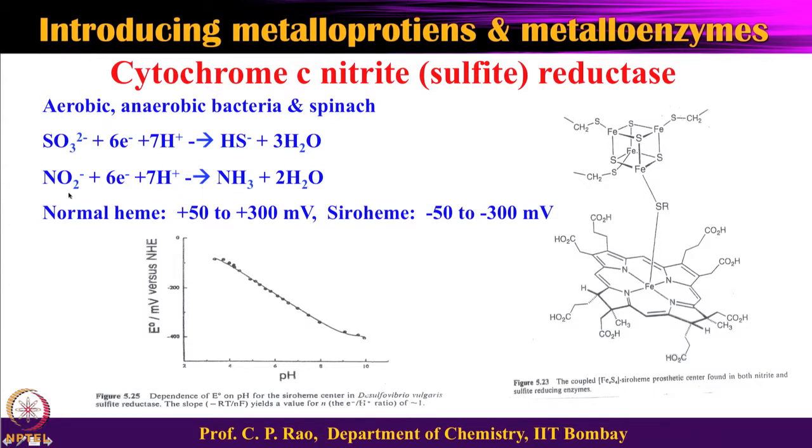That means, in the previous example NO2 to NO, only one oxygen goes as water, but in this case NO2 to ammonia, both oxygens must go as water and require more electron reduction and more protons, because the ammonia nitrogen will take 3 protons, 2 waters will take 4 protons, totally 7 protons, and the NO2 minus requires only 6 electrons to reduce completely, to reduce the oxygen parts to go to water, and the nitrogen part to get to the N3 minus.